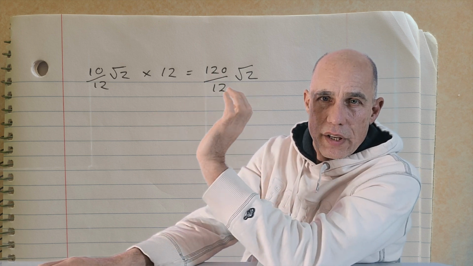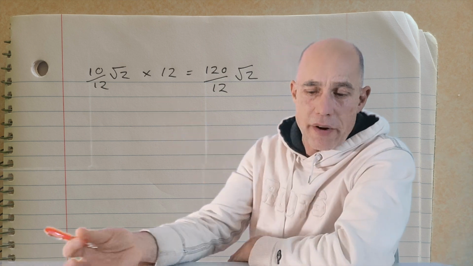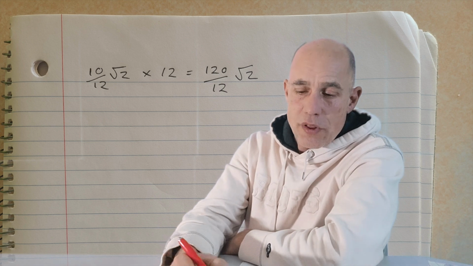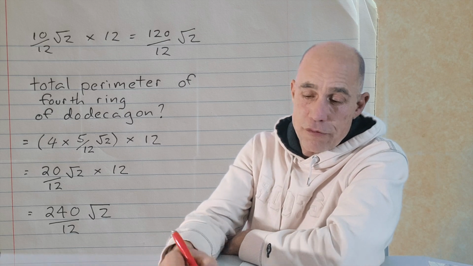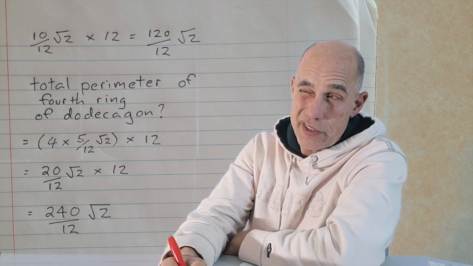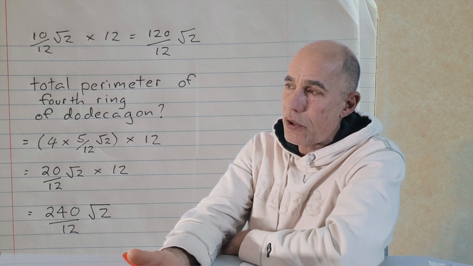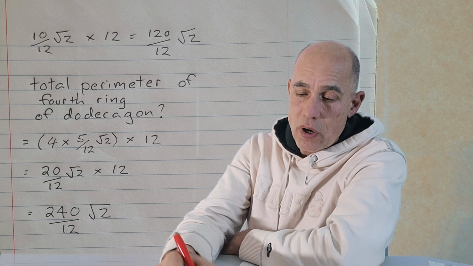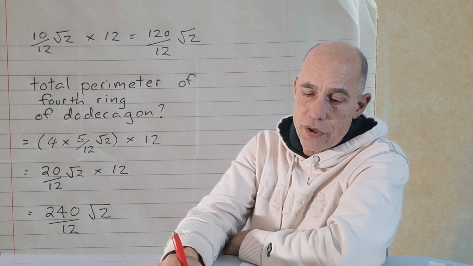So what's the total length of our 4th ring of the dodecagon pattern? Well, we know that the first length was 5, so times 4 is 20. So 200, is that right? It's 20 twelfths, and then times 12, 20 times 12 is 240.